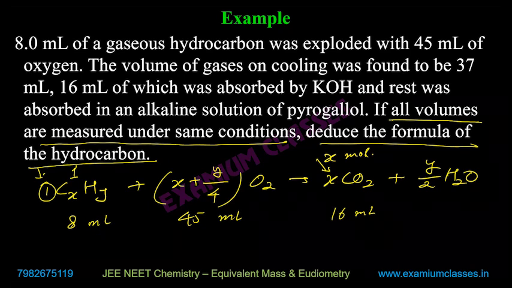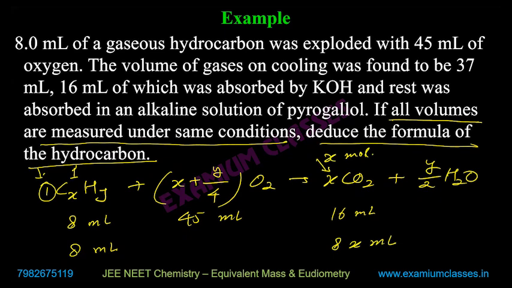From here, what information do you get? It means 8 ml, we are talking about volume, which is same as moles. So volume and mole ratios are same. 8 ml will produce 8X milliliter of CO2.